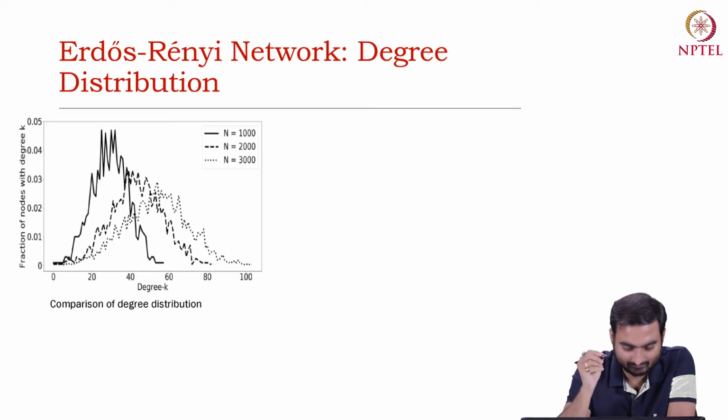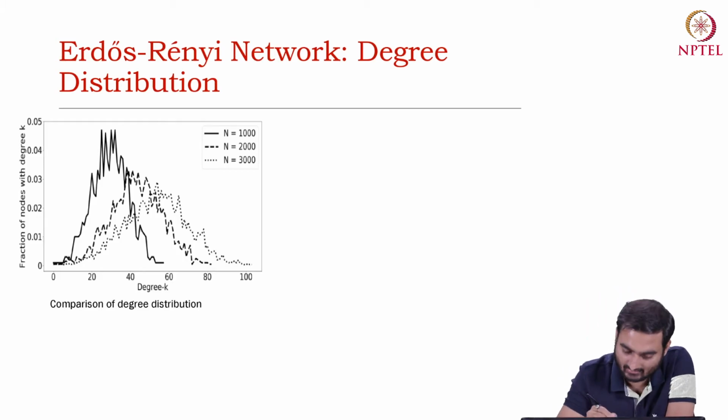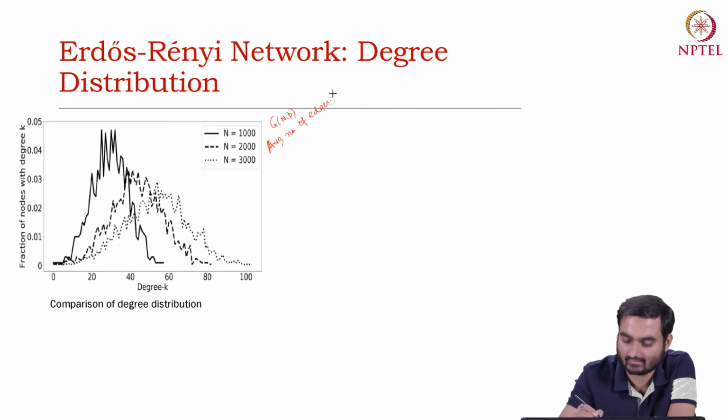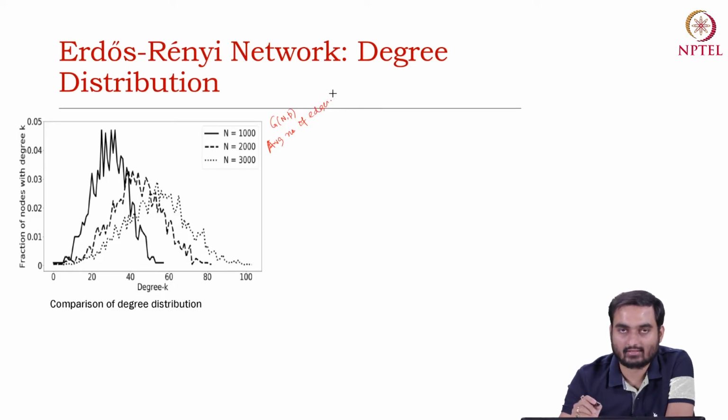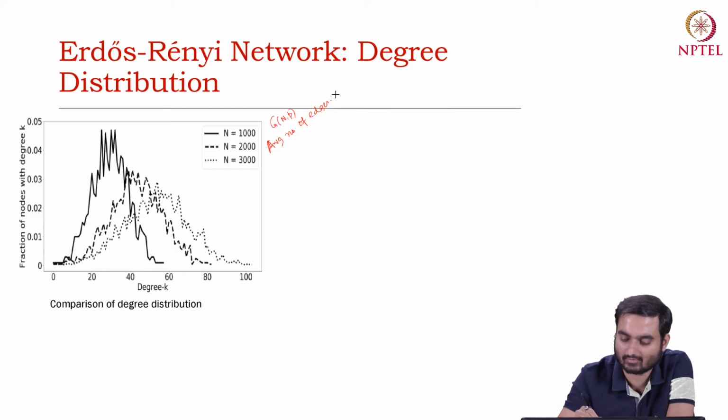Okay, so let's do some math. Let's first try to understand, if we have the G(n, p) model, what would be the expected or average number of edges that can be formed in the network G. Let us assume that the number of edges is k.